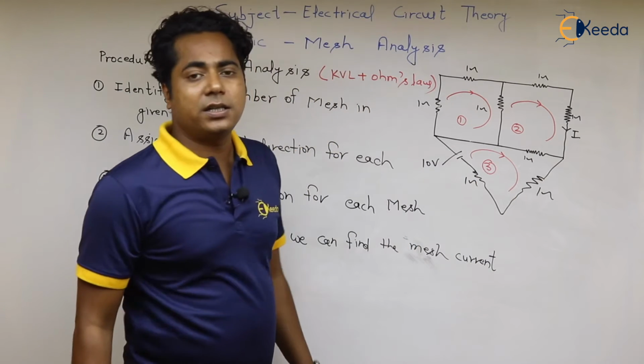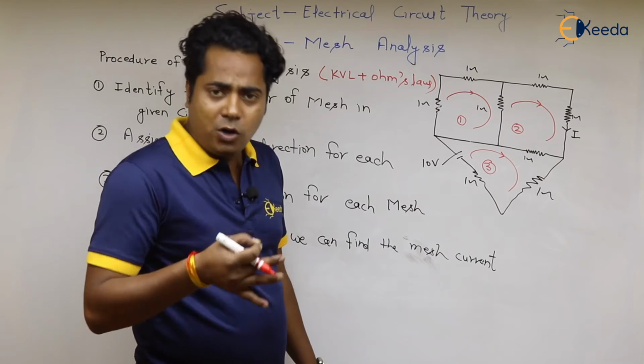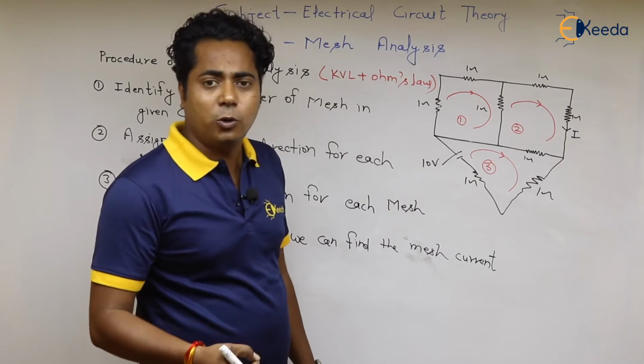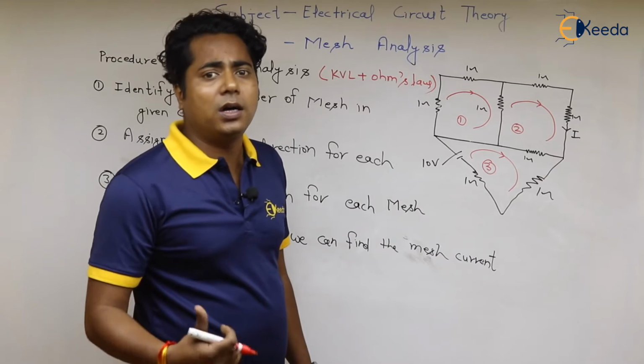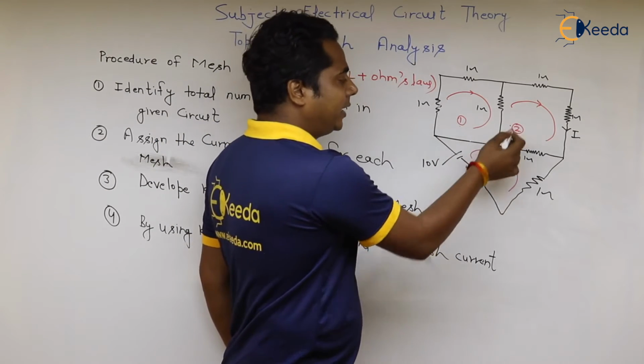And we know the definition of mesh. A mesh is a special form of closed loop in which there is no other loop. So here the total number of meshes in this circuit is 3.